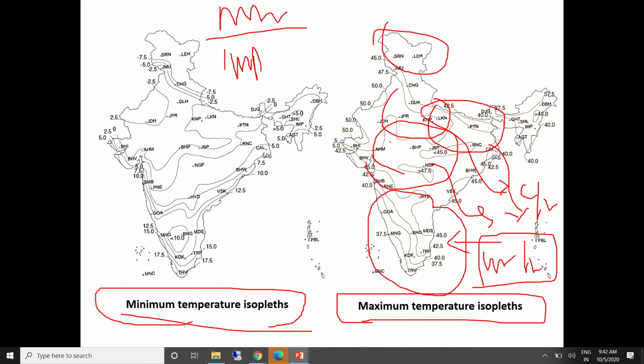Temperature and precipitation are among the most crucial parameters used to define climatic zones. Always remember, climate classification is based on temperature and precipitation, the rainfall that we receive over the lands. So keep this in mind.